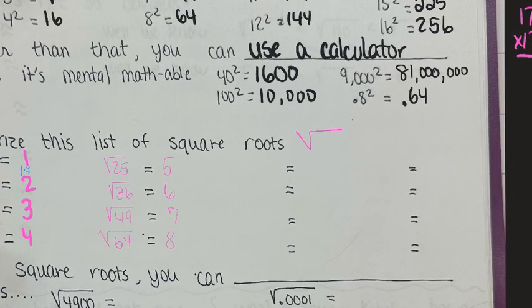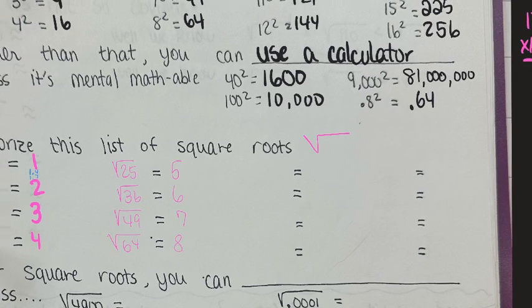Let's keep going. The square root of 81 is 9. The square root of 100 is 10. The square root of 121 is 11. The square root of 144 is 12.